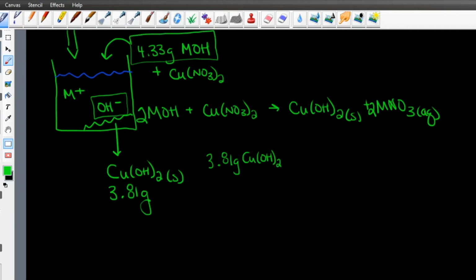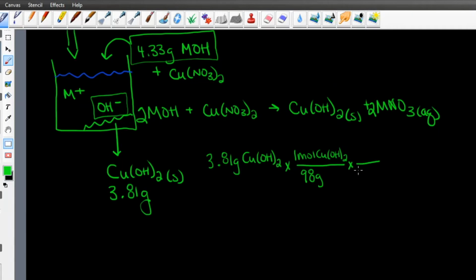Okay, so let's go ahead and do that. So I need the molar mass of copper hydroxide, Cu(OH)2. Okay, molar mass of copper hydroxide is 98 grams. That one I wrote down ahead of time. Aren't you proud of me?